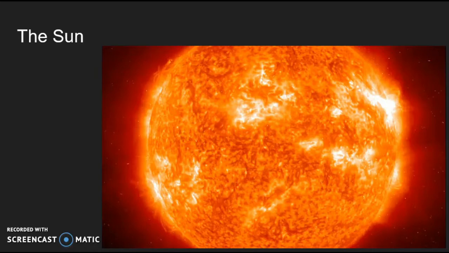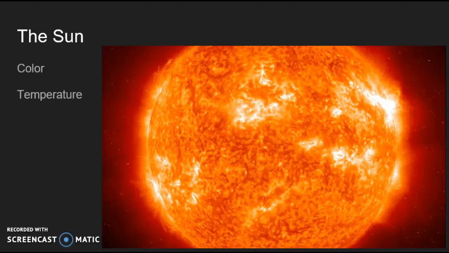So, the first things that we can observe about our sun are color and temperature. Color, it's yellow, orange, reddish, and the temperature of our sun is about 27 million degrees Fahrenheit. So these are characteristics that we can observe pretty intuitively, but how would we define color and temperature?